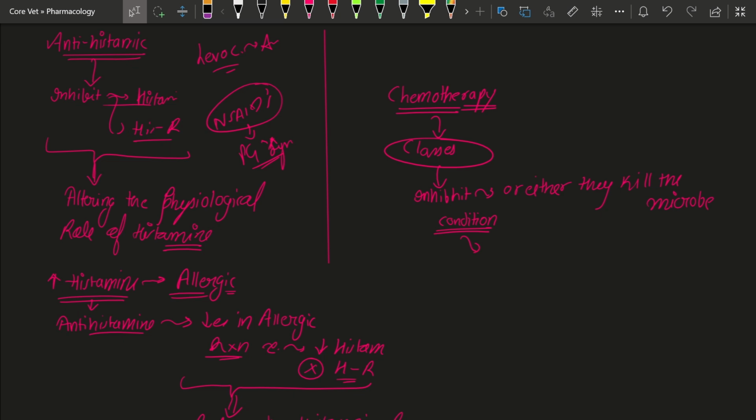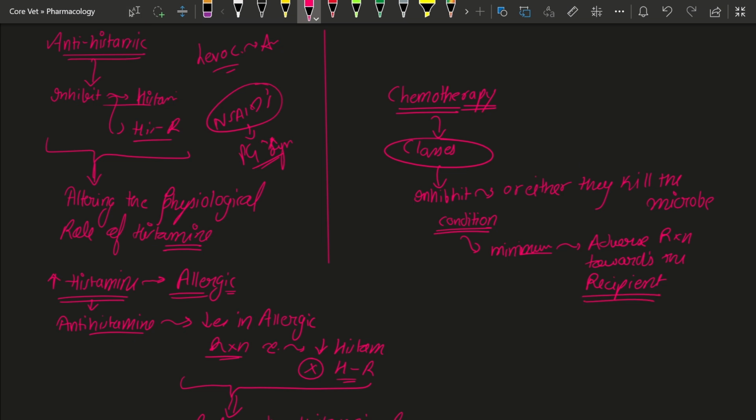To be a good chemotherapeutic drug, it should have minimum adverse reaction towards the recipient.